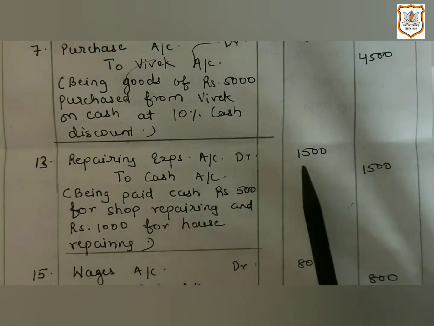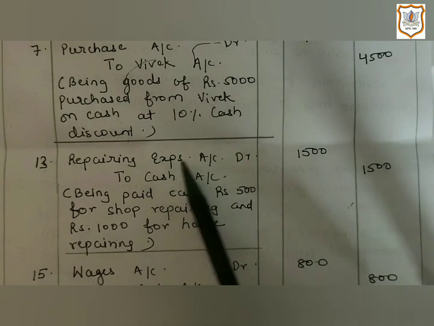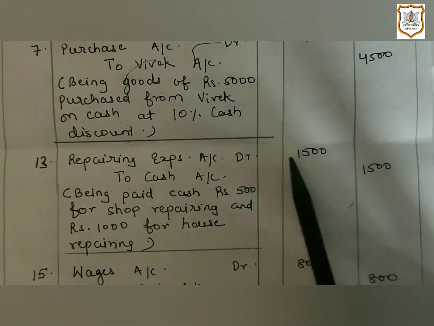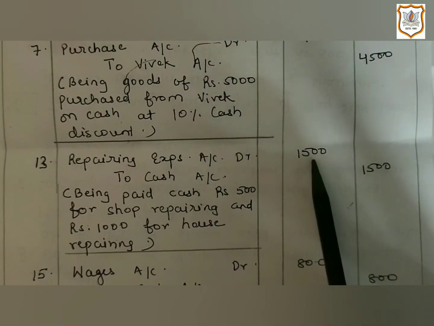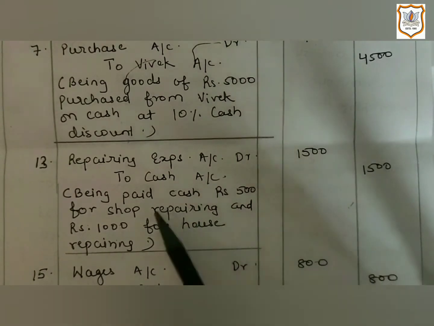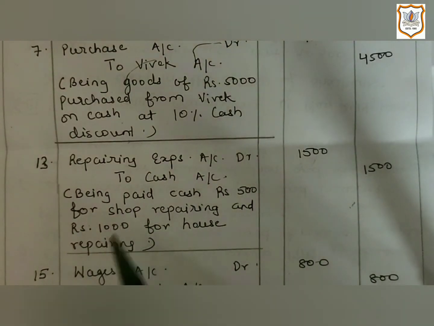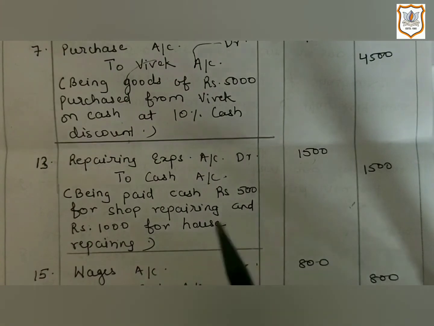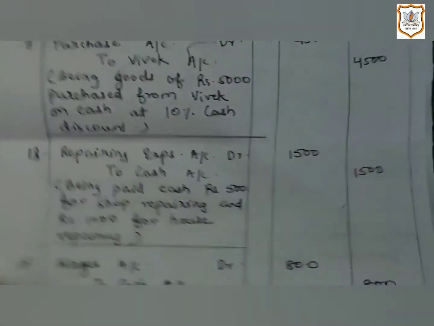That's why it is included in repairing expense of shop. And that's why here the amount is written 1500. But the thing is that if we know that 1000 is the personal expense of the owner, then why should we count it in the expense of business? We should not. So let us rectify it.